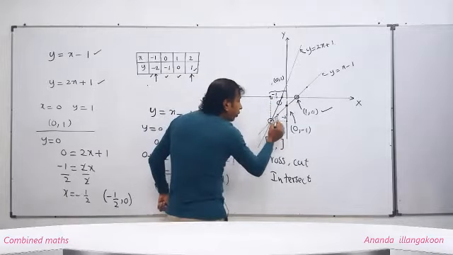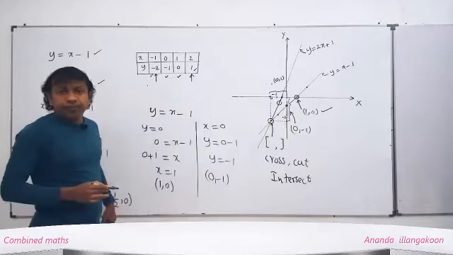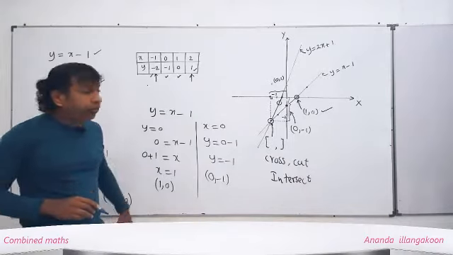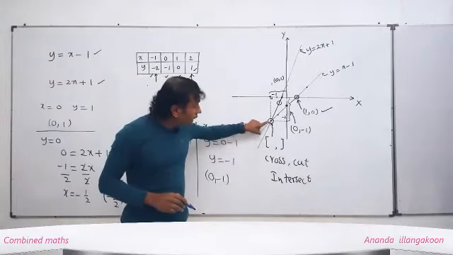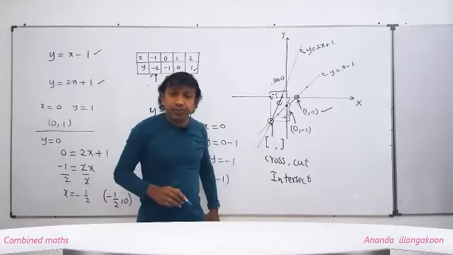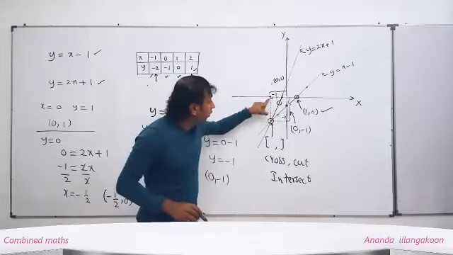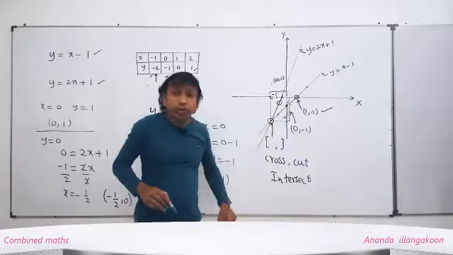The y coordinate of this point really means this depth. Understand? Then you can remember the way you found the x and y coordinates at this point of intersection of the two lines. How do we find the x coordinate, this length, and the y coordinate, this depth, at this point, people?